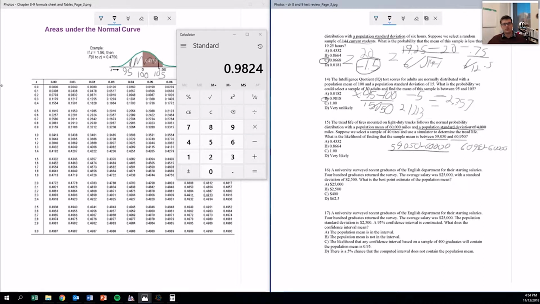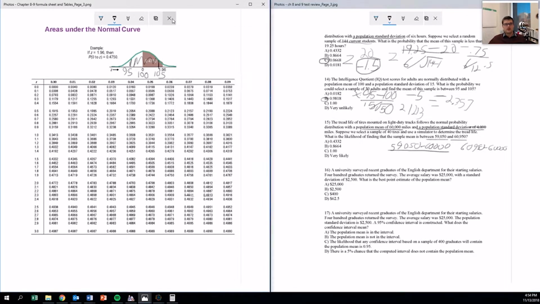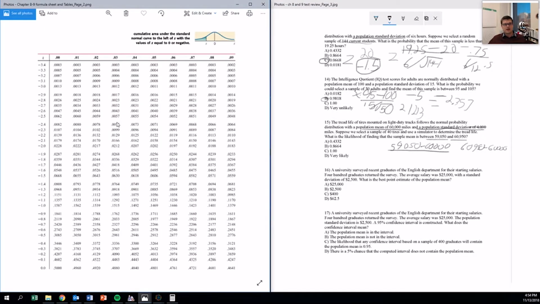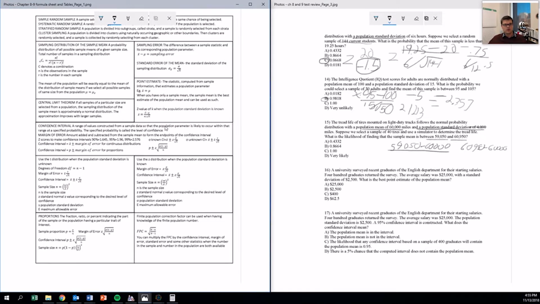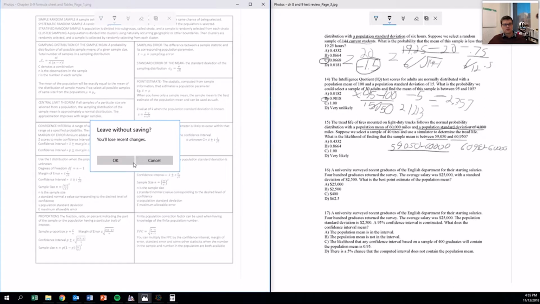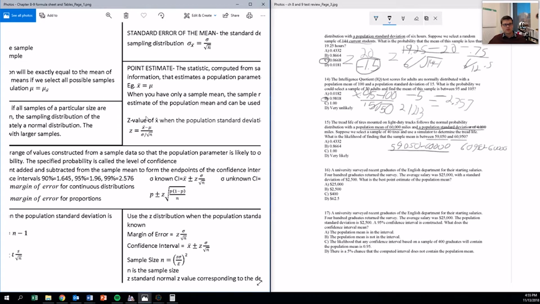Okay, so we've got the population standard deviation of 4,000, divided by the square root of how many samples? How many are in the sample? There's 40.